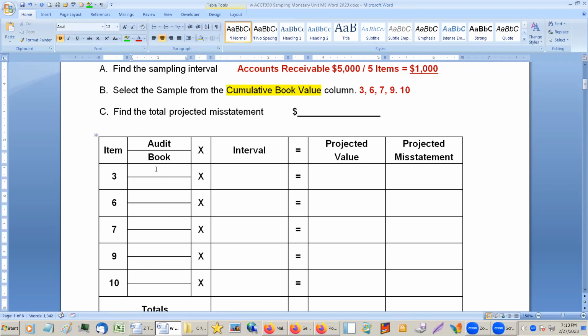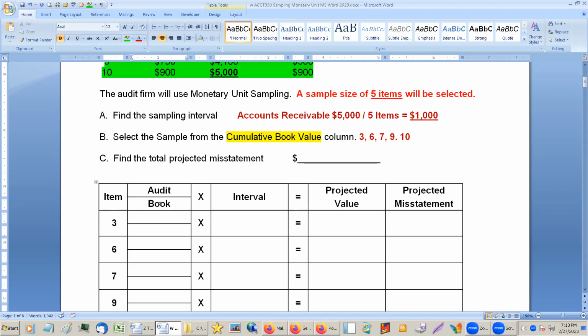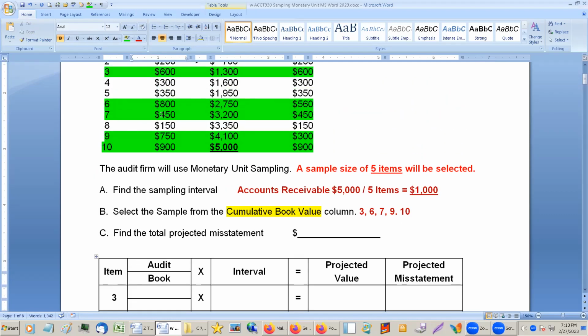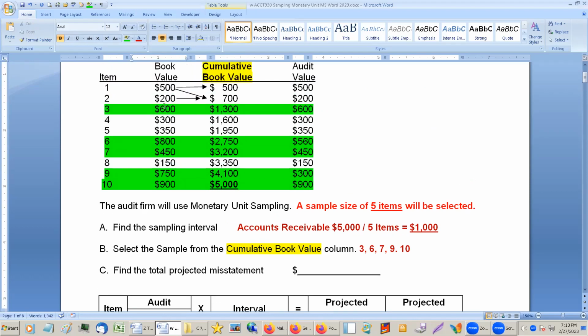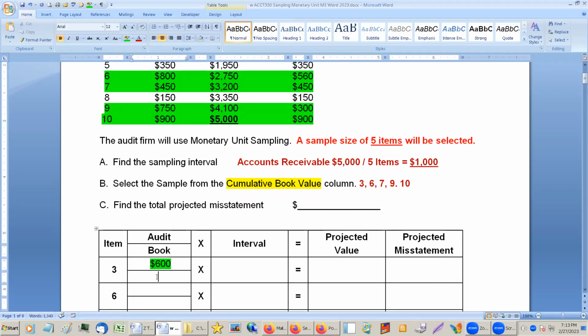Now you'll recognize this is sort of like the ratio estimation thing we did before, audit divided by book. We're going to do the same thing for these. So let's look at number 3. The audit value was 600 and the book value was 600. So those are the same, so that shouldn't be too much of a problem. So 600 divided by 600 is just 1.